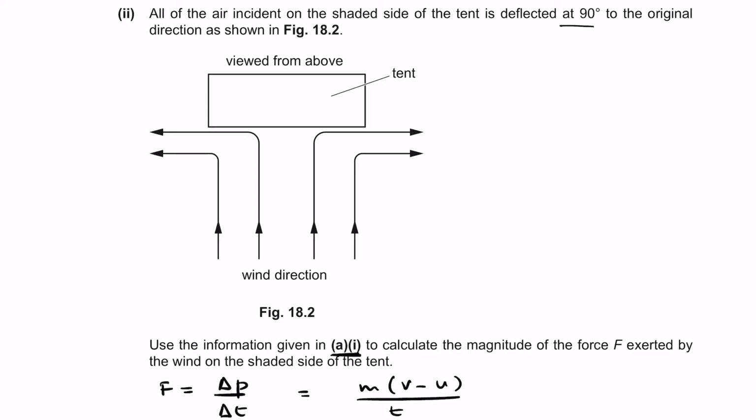If we make the shape more streamlined to lower the impact force, thereby changing the angle at which the winds hit the tent, so rather than hitting at 90 degrees straight on, we put the tent at an angle, the winds will be directed at an angle, and that will also lower the impact force.